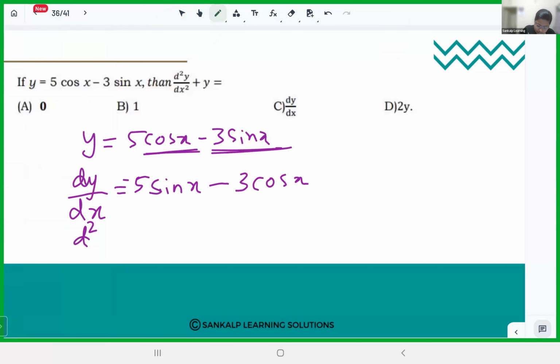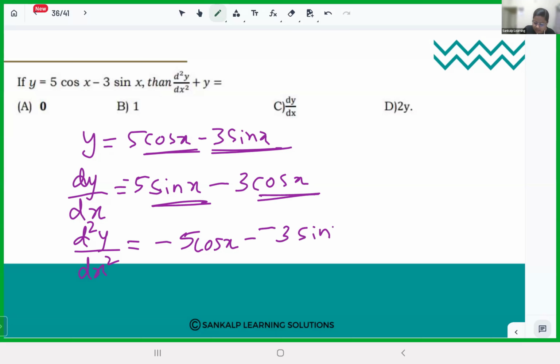And d square y by dx square is equal to minus 5 times the derivative of sin x, which is cos x, and the derivative of cos x is minus sin x. So plus 3 sin x, right? So this is equal to minus 5 cos x plus 3 sin x. And what is this?